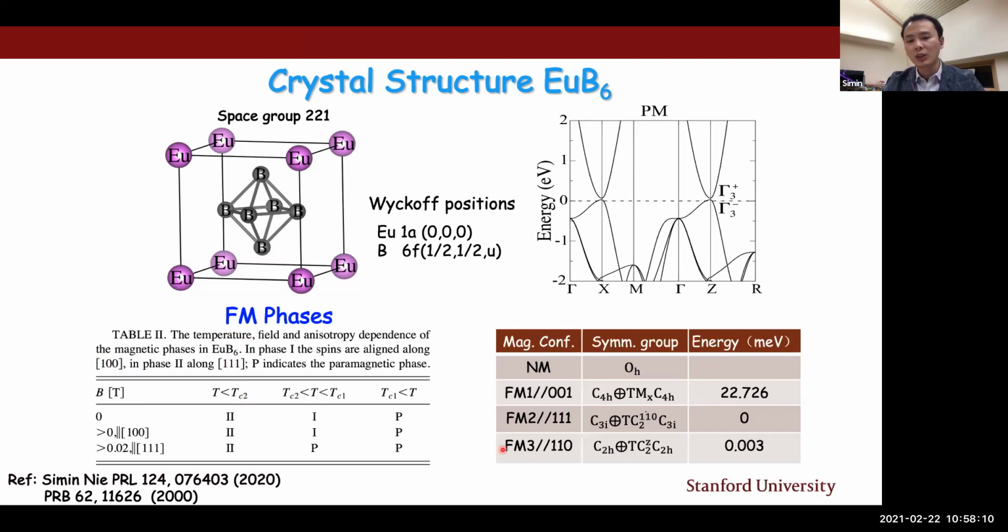In addition, we also consider the FM3 state with the magnetic order parallel to the 110 direction. Our total energy calculation shows that the total energies of FM2 and FM3 states are very close. So it is also possible to observe the FM3 state in the experimental measurement.